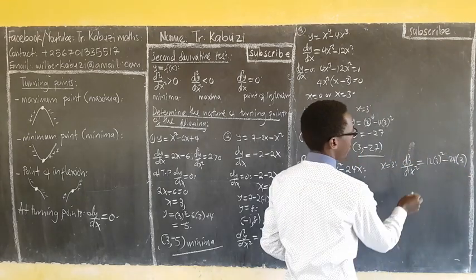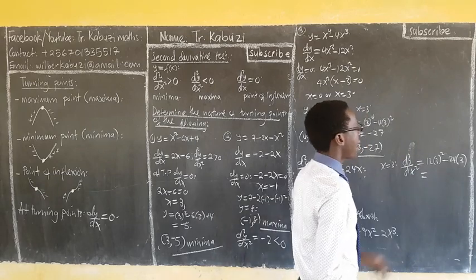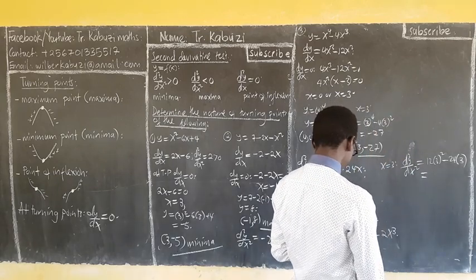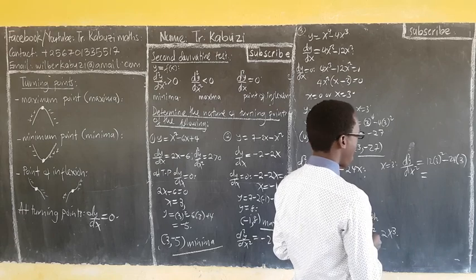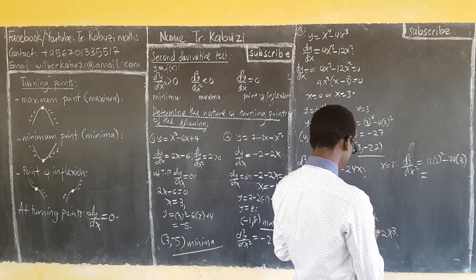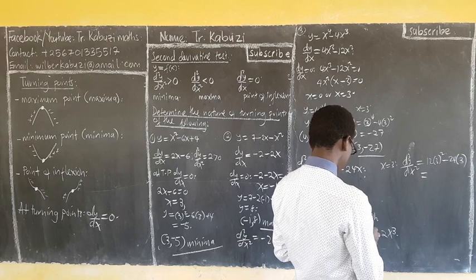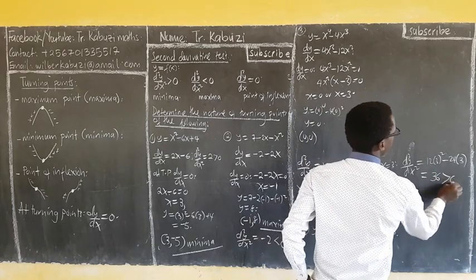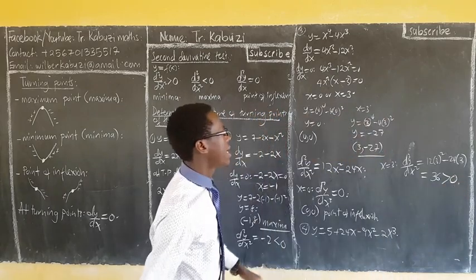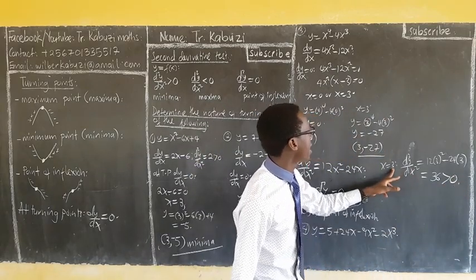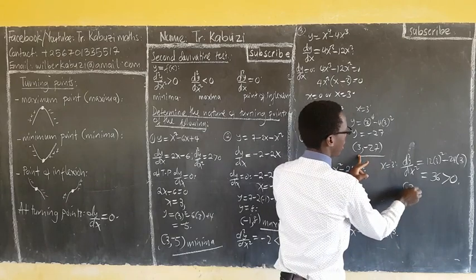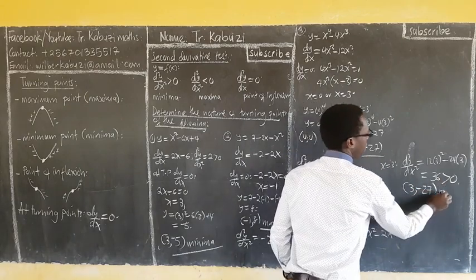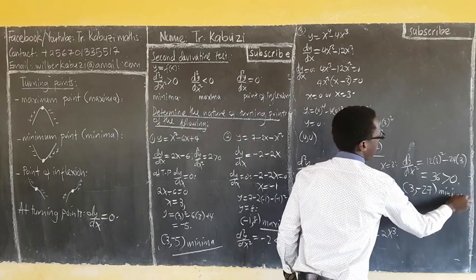The value is easy to get: 9 times 12, then minus 72, so that I get 36. And 36 is greater than 0, meaning that it's positive. Meaning that the point with this x value, which is 3 comma negative 27, because it's positive, is going to give me a minima.